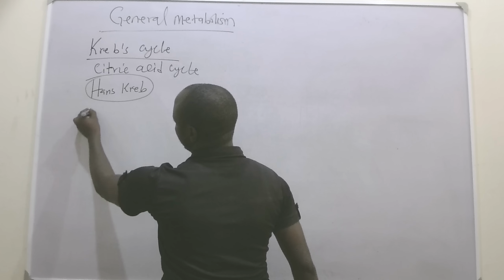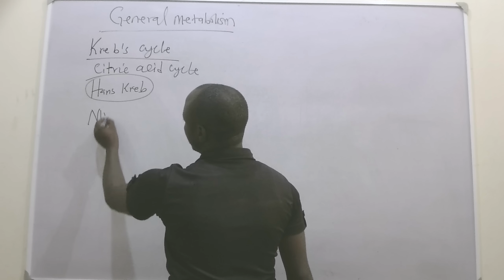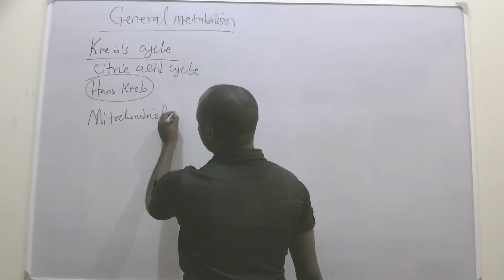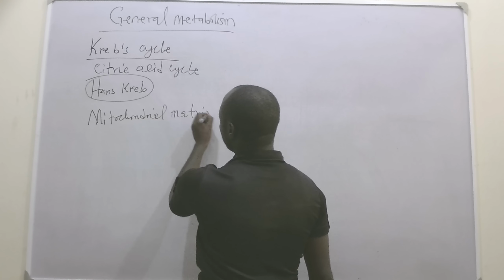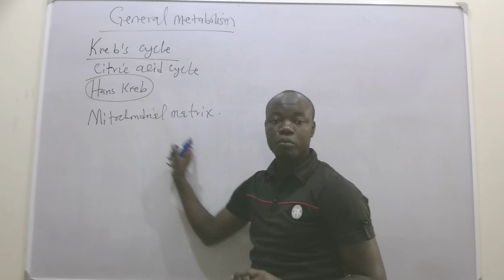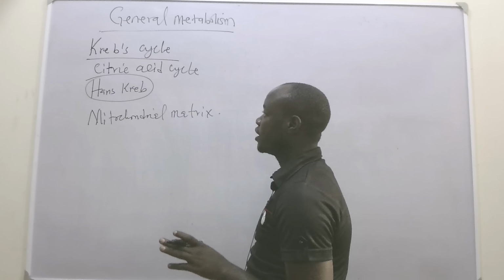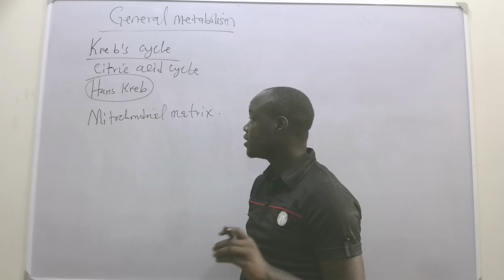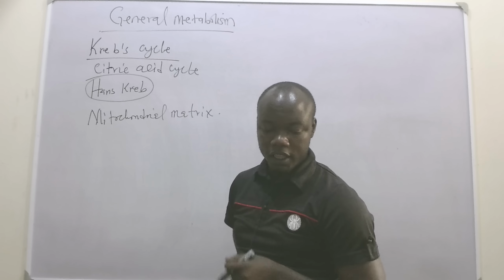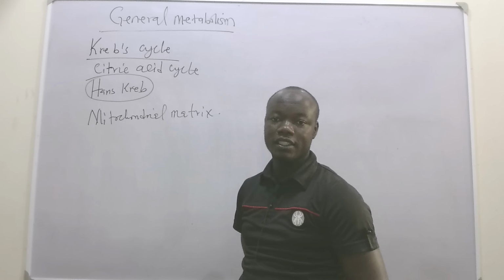Ladies and gentlemen, very importantly, the citric acid cycle or Krebs cycle takes place in the mitochondrial matrix. So any organism that doesn't have a well-developed mitochondrial matrix cannot undergo the citric acid cycle.